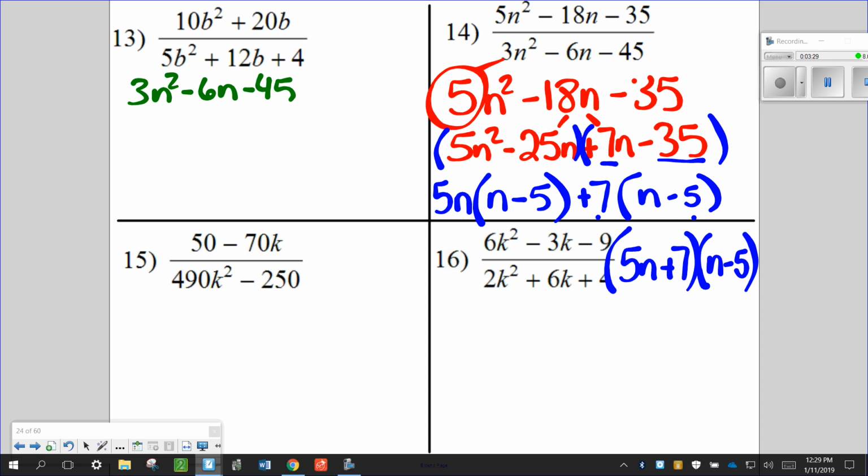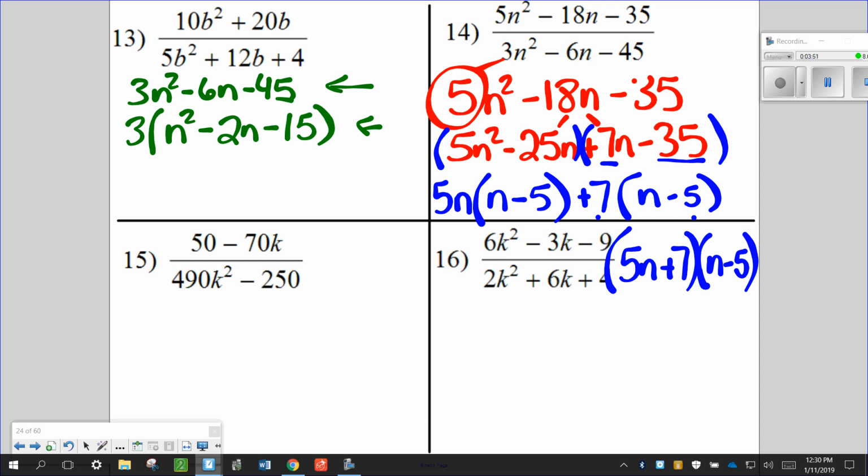What about 45? Yes, it is. So that means I can factor out a 3. Because 3 times n squared is 3n squared. 3 times a negative 2n gets me that negative 6n. And 3 times negative 15 will get me the negative 45. So this is equivalent to the denominator.